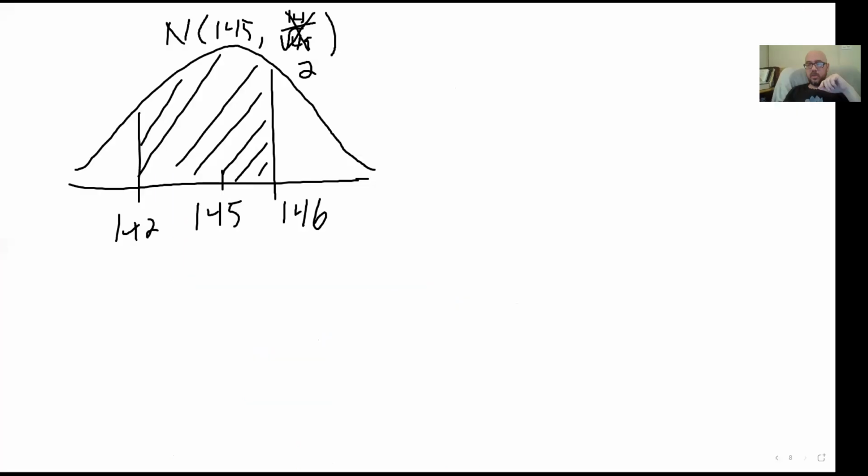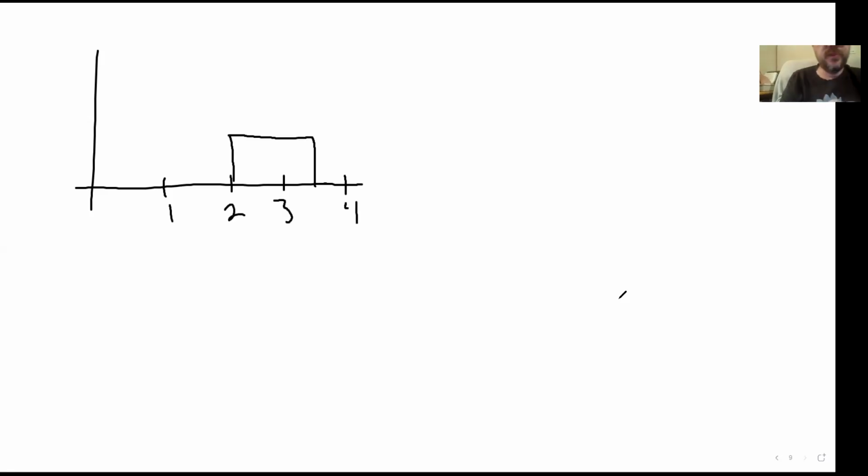Let's go get a whiteboard going, right? So the population is uniformly distributed from 2 to 3.5, right? So the length is this. 1, 2, 3, 4. This is the population.